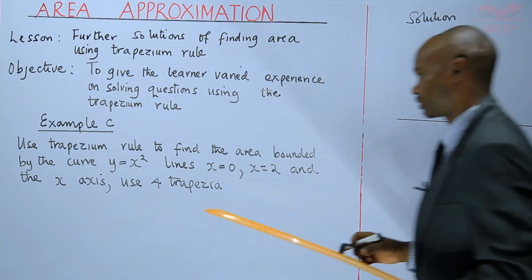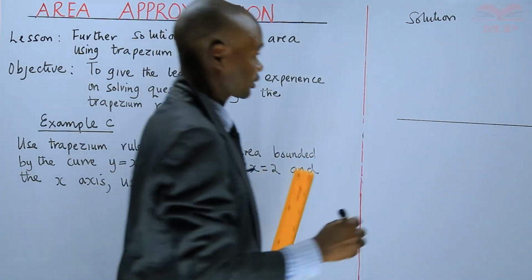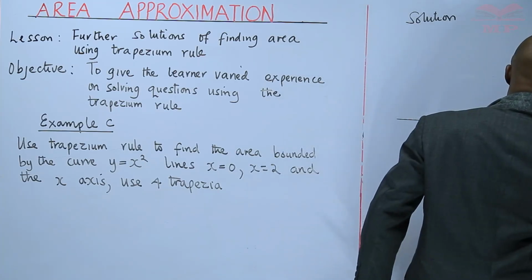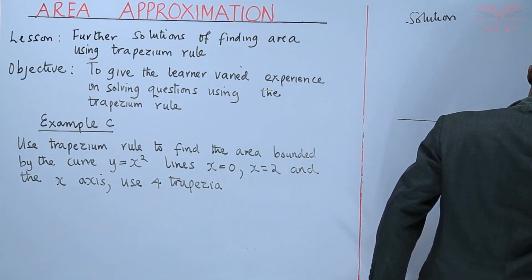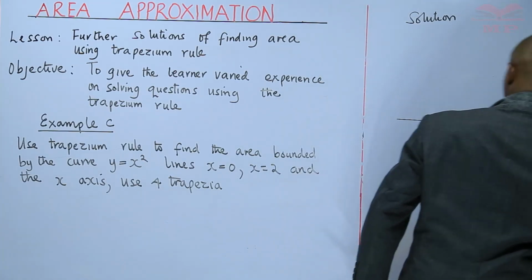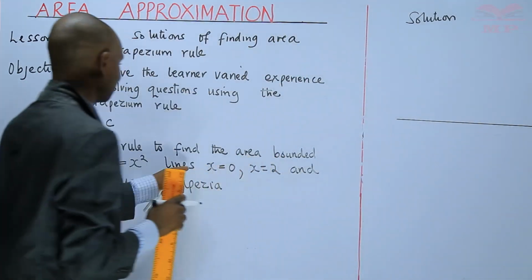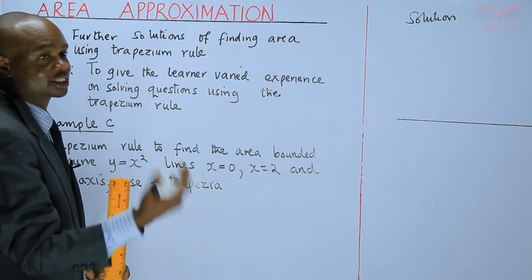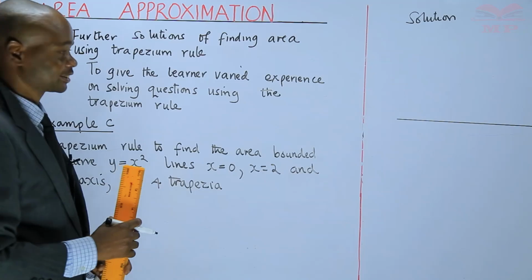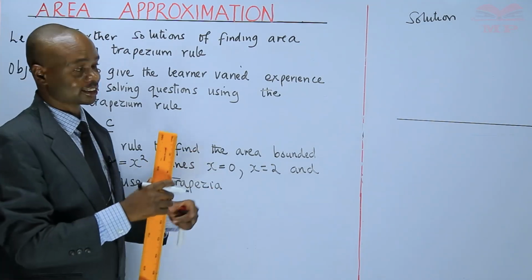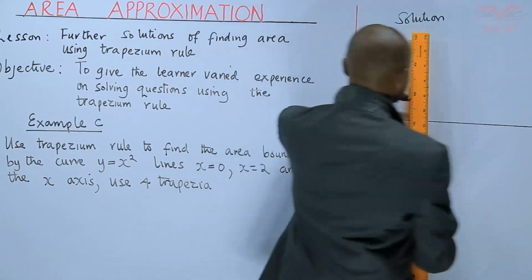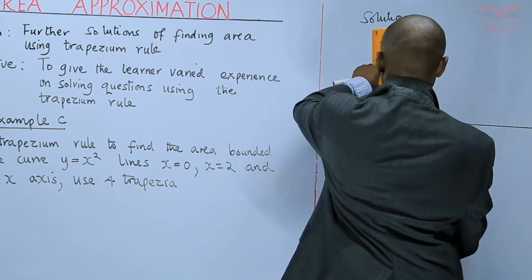There it is. That is the x-axis. And learner, line x equals 0 is actually the y-axis, where x is 0.